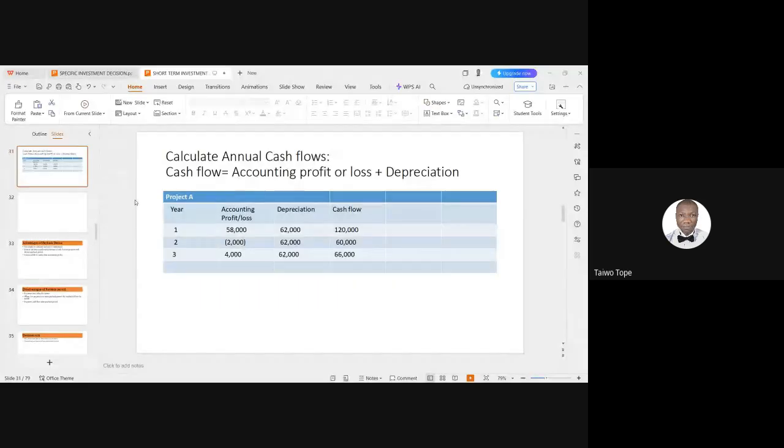This is the equation of cash flow: accounting profit or loss plus depreciation. If you have a loss, it is in brackets. You have depreciation, which is a positive value of 62,000. What will be your result mathematically?